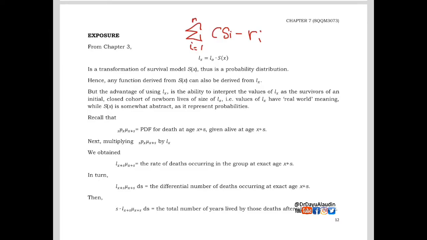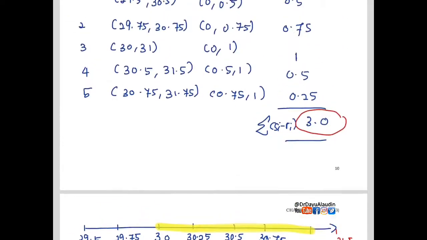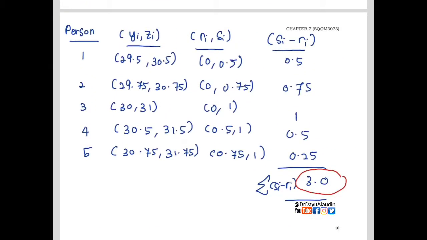So before this, we are calculating what we call scheduled exposure, which is the SI and RI. We do not take into account the date of death. So we take the schedule date.